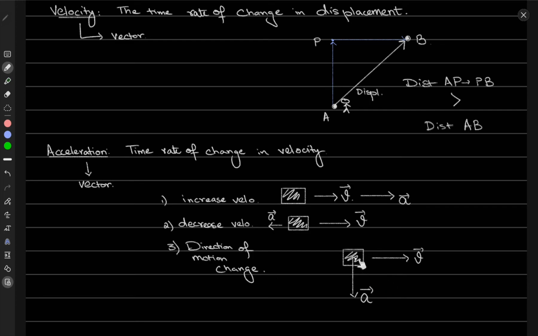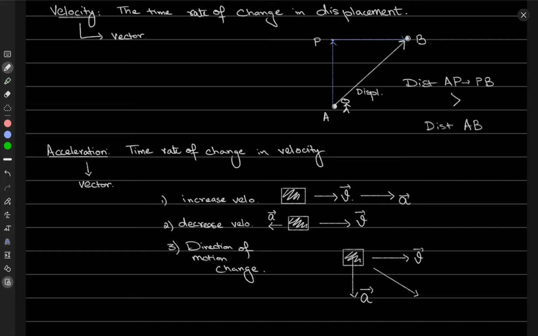So instead of now moving completely in this way, the acceleration vector is pulling it to some center. So what happens is that the direction of motion starts to change, and maybe it might change in this way. It will start moving in this direction.